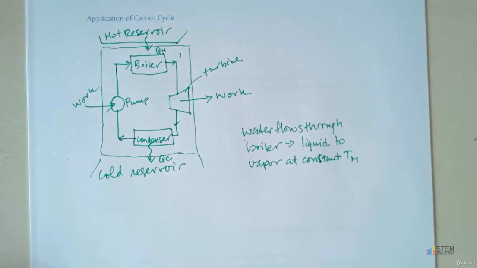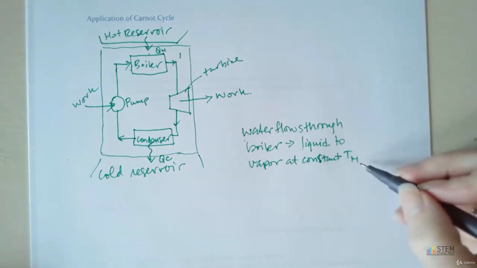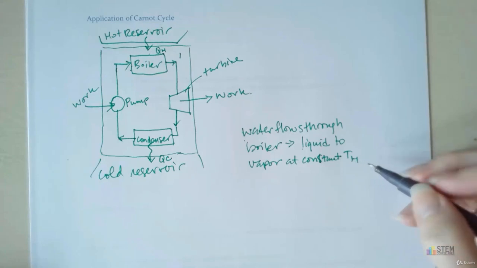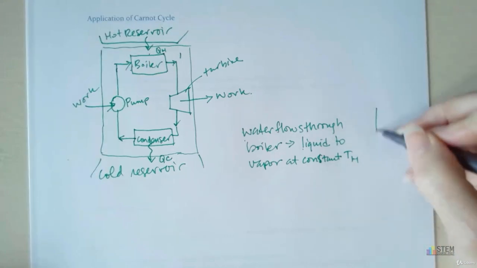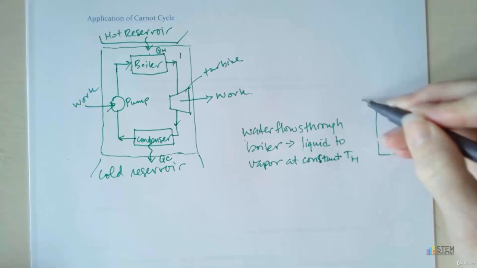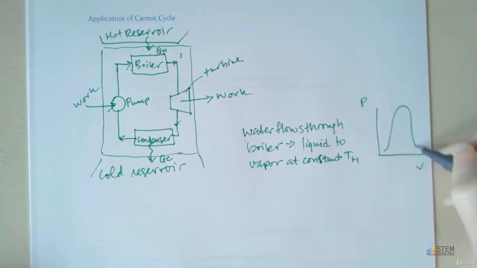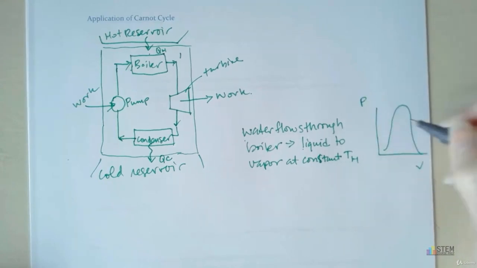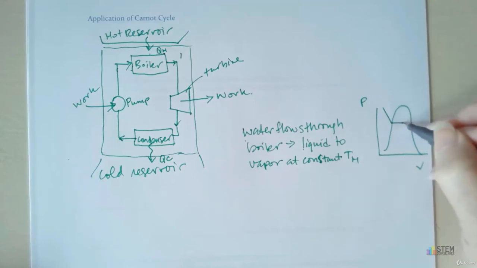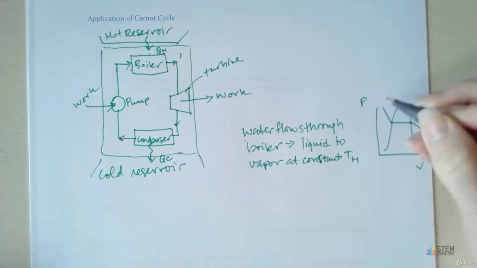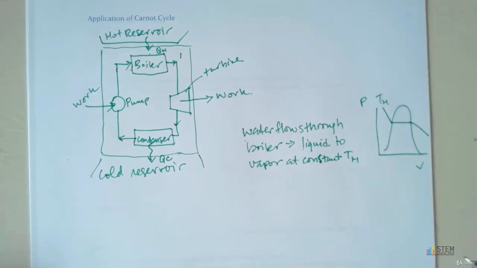Okay, so the boiler is going to vaporize that liquid water, and that temperature is going to be held constant at TH. So if we put this on the PV diagram, this is going to be a small diagram here. We're going to have our isotherm, which looks like this. That line indicates TH. So now what we're going to do when we get to state 1, we're going to be over here, right?